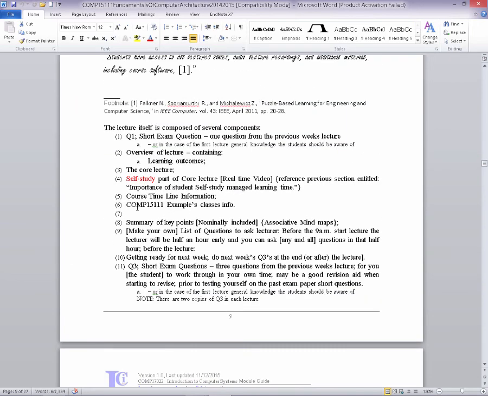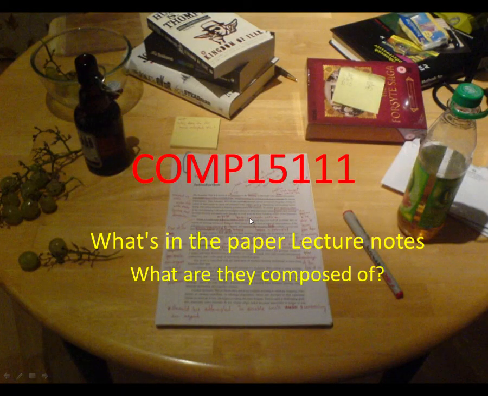So again, here is the core lecture material. It is explicitly signposted between the learning outcomes and the summary slides, which are normally mind maps. So thank you for listening, and we've talked about what is in the lectures. Hopefully this has now explicitly explained what is in those lectures.